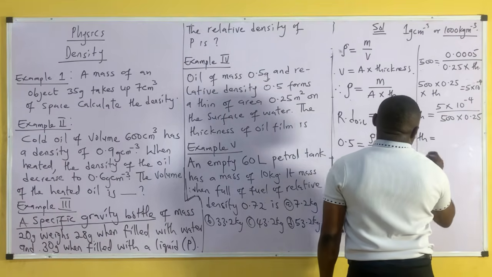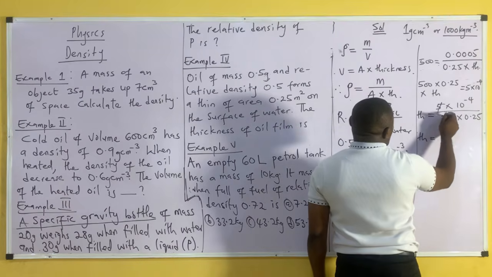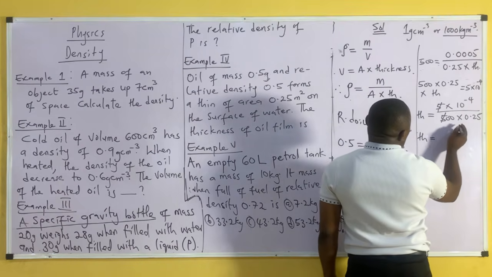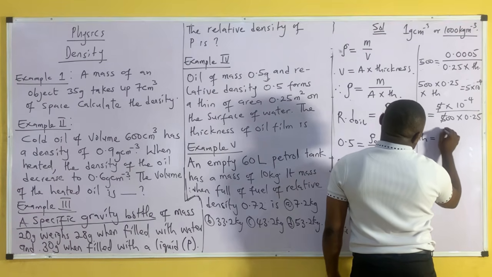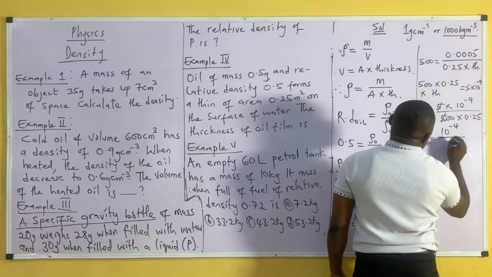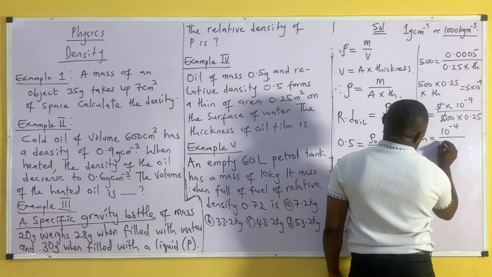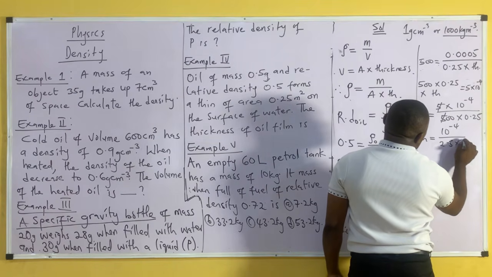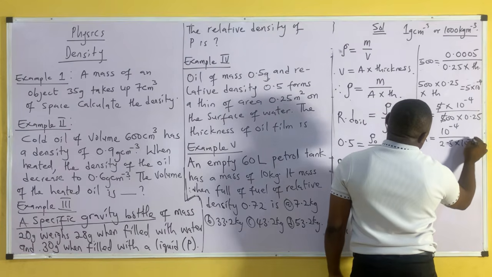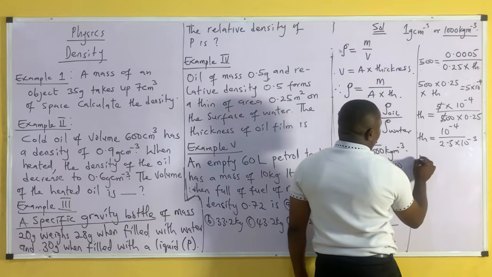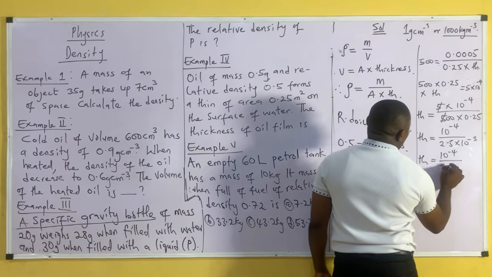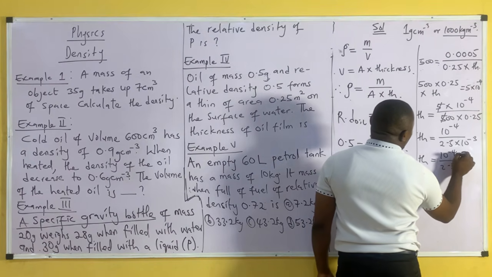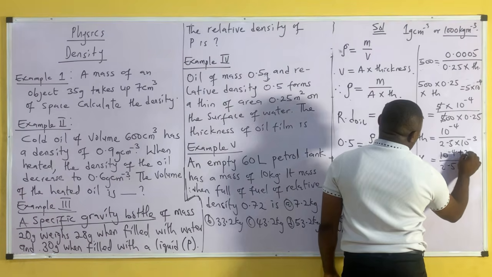So the thickness will be, this cancels out this, then we have 10 raised to the power minus 4 over 2.5 times 10 raised to the power minus 3. So thickness will be 10 raised to the power minus 4 over 2.5, then times 10 to the plus 3.